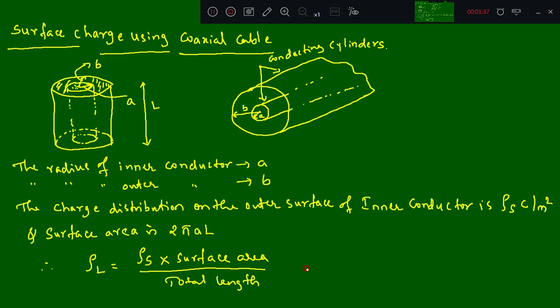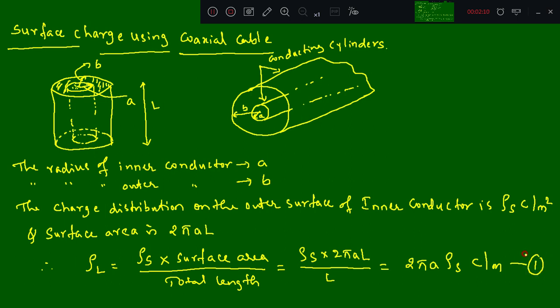So rho L is rho s into 2 pi A L divided by L, which is equal to 2 pi A into rho s. This is in coulombs per meter. We call this equation number 1.